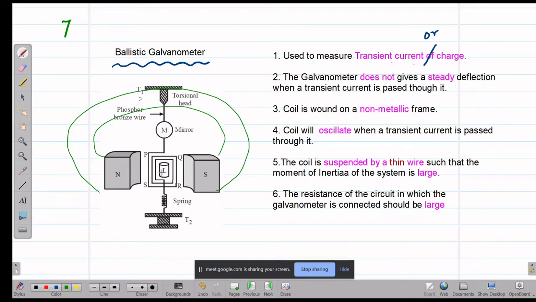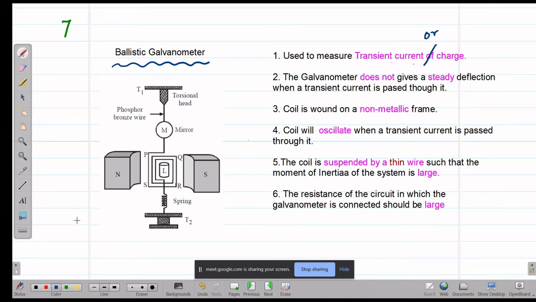As a result of this, what will happen? I will explain this separately in the next class. Because of this arrangement, the magnetic field in the region where the coil is suspended will be what is known as a radial magnetic field. What do we mean by a radial magnetic field?